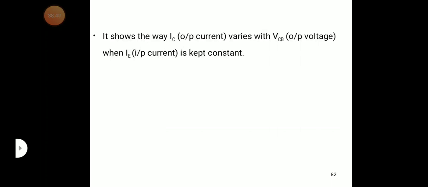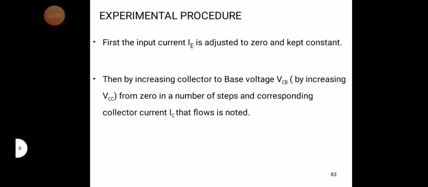The output characteristics are the curve between IC and VCB when IE is constant, that is, the output voltage and output current graph when the input current is constant. Now let us see the experimental procedure. First the input current IE is adjusted to 0 and kept constant.